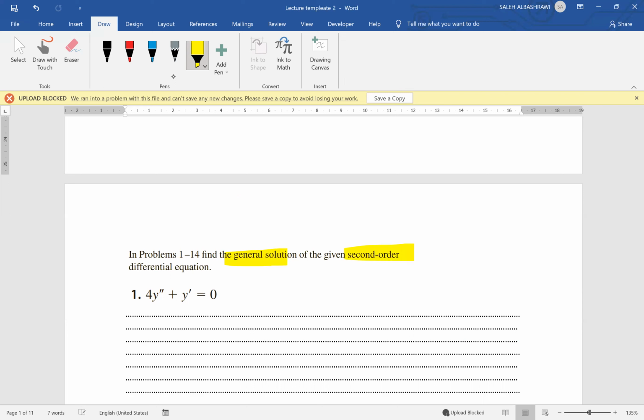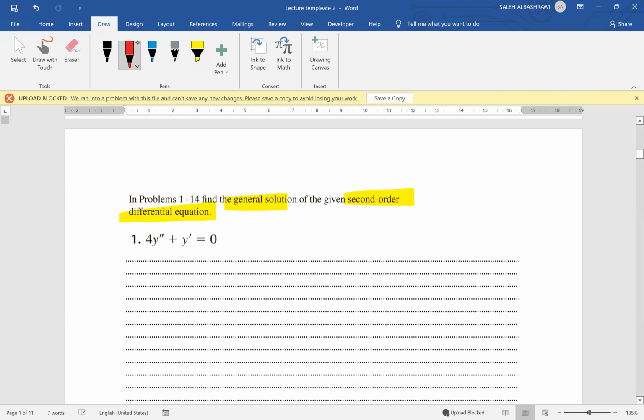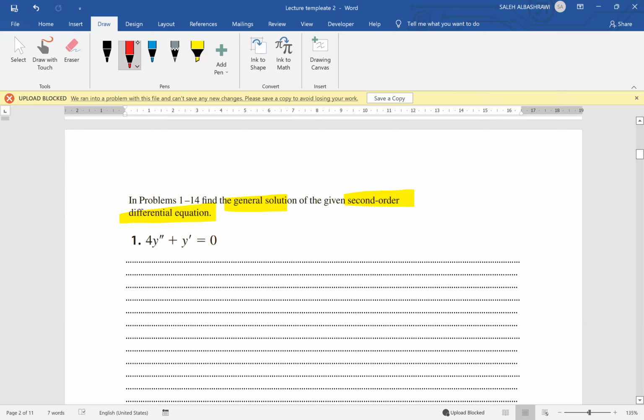I have 4y double prime plus y prime equal to 0. The first step, we are going to write the auxiliary equation for this equation. The auxiliary equation is 4m squared plus m equal to 0.